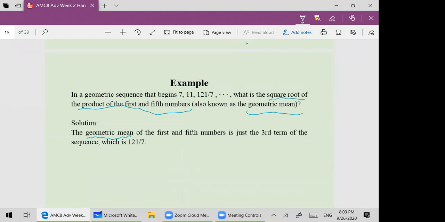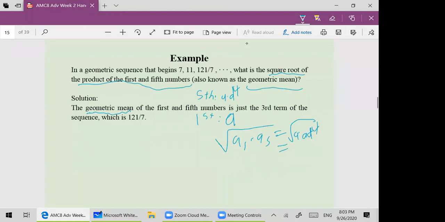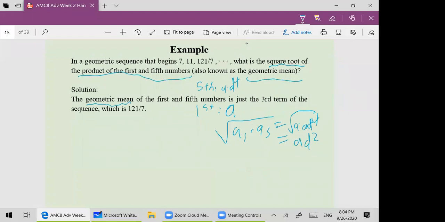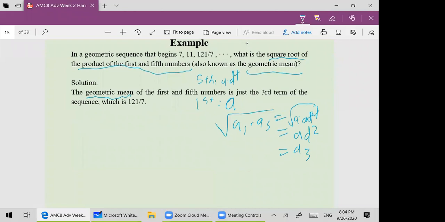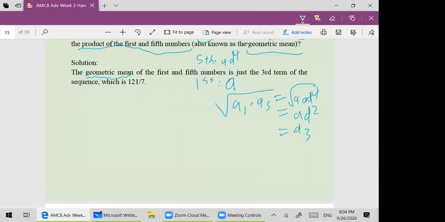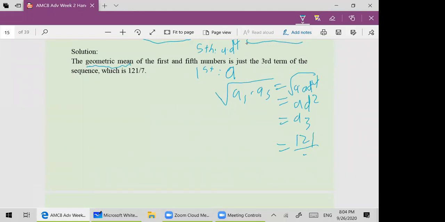The fifth term is a times d to the fourth, and the first term is a, so the square root of a1 times a5 equals the square root of a times a d to the fourth, which equals a d squared, which equals a3. And the third term is already given and equals 121 over 7.